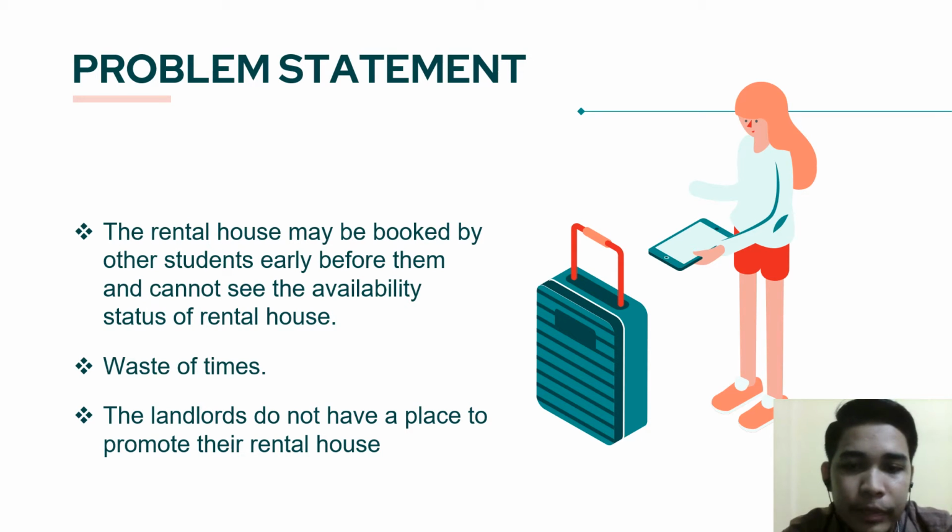Besides, the address of the rental house that has been given might not be updated or maybe already inhabited by another student, so the student cannot see the availability status of the rental house. They can only know the availability status of the rental house by calling or chatting with the landlord.